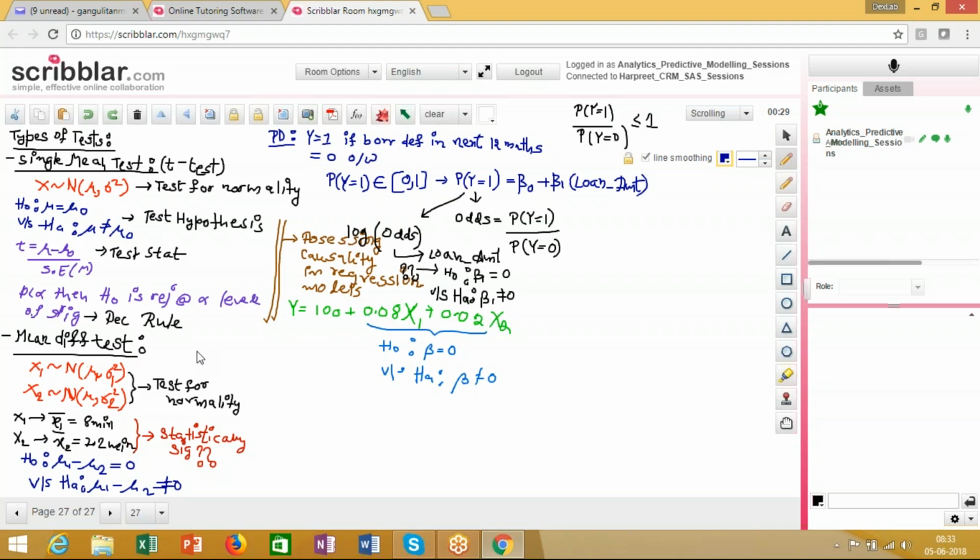So if I say there is the sampling distribution, how does the sampling distribution work? The sampling distribution for sample 1 is: x1 bar follows a normal distribution with mean mu 1 and variance sigma 1 square by n.